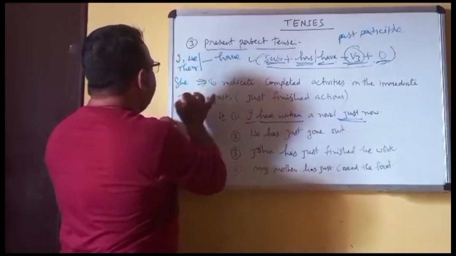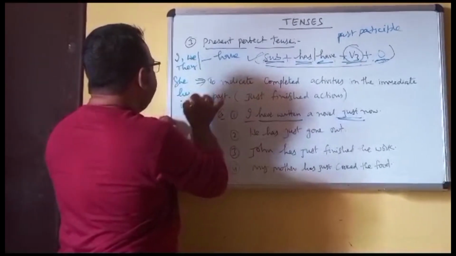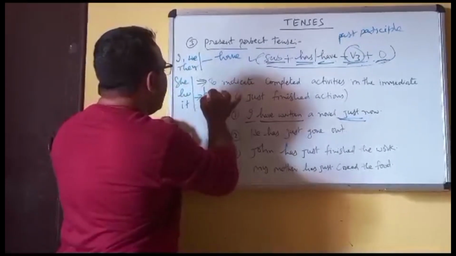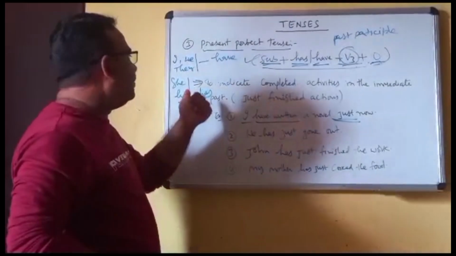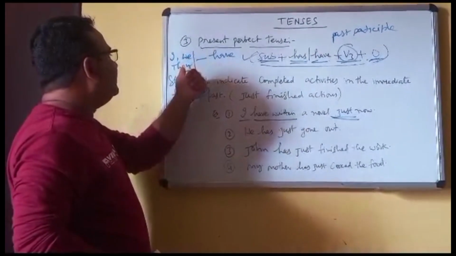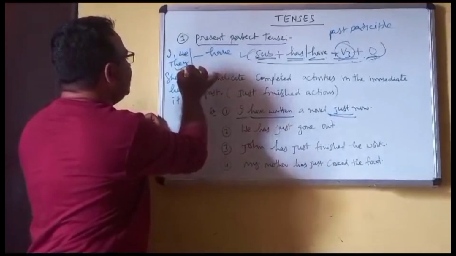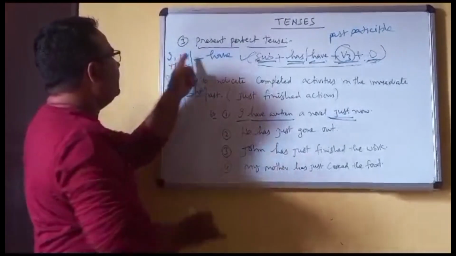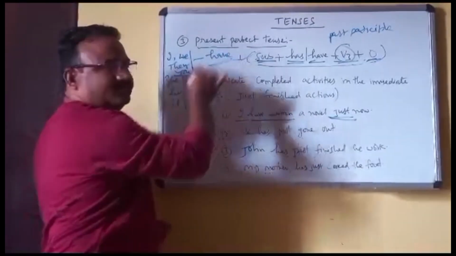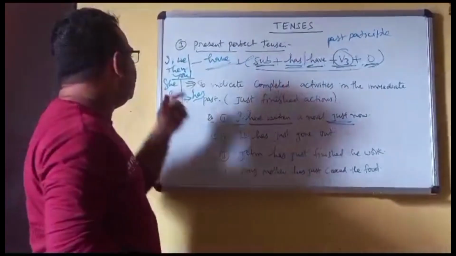She, he, it have to use has. Just remember, I, we, they, and you, second person, have to use have. Have plus V3.